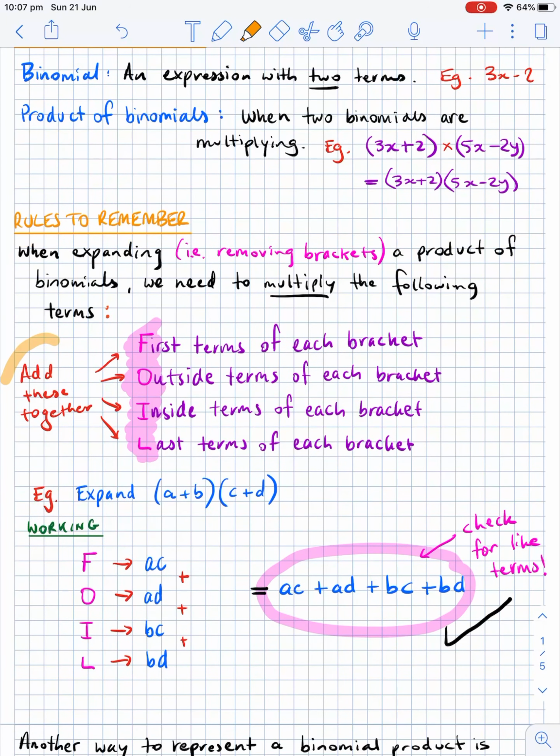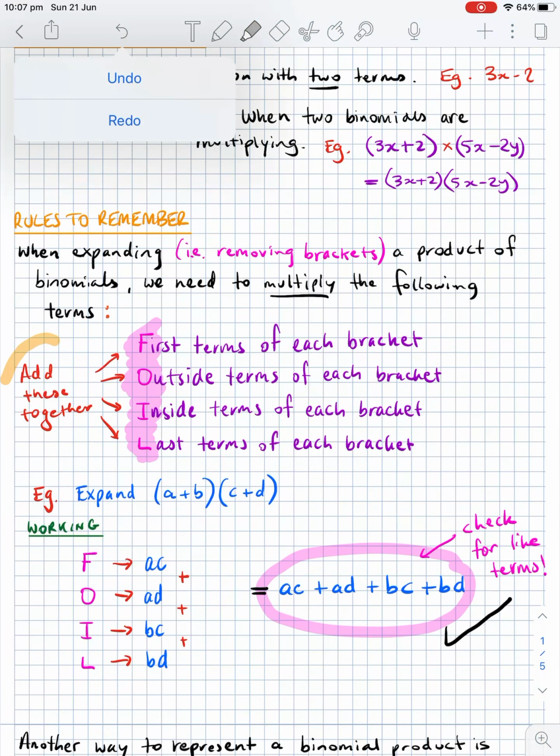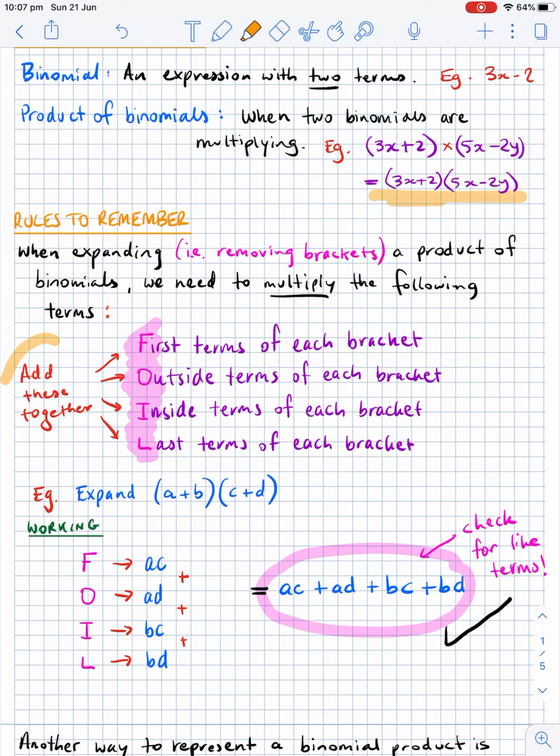So some rules to remember: when you are expanding, i.e. removing brackets from a product of binomials, like we've got here, we need to multiply the following terms. So whenever you're asked to pretty much get rid of these sorts of brackets, we need to follow this process here, FOIL.